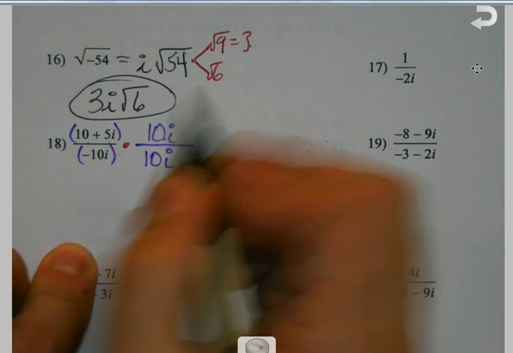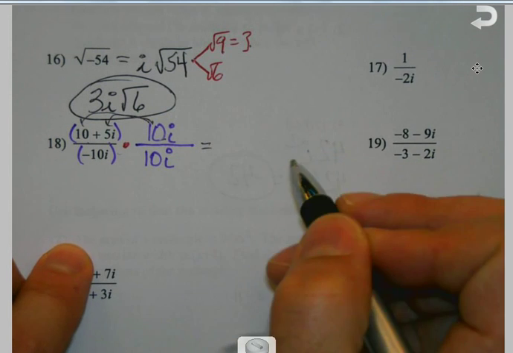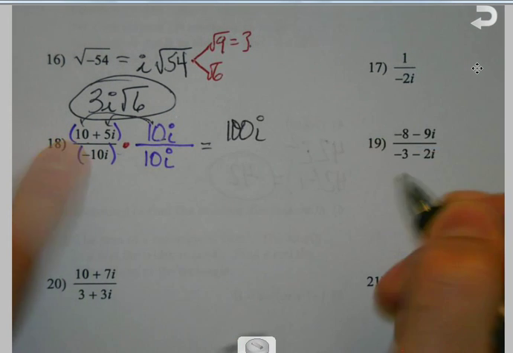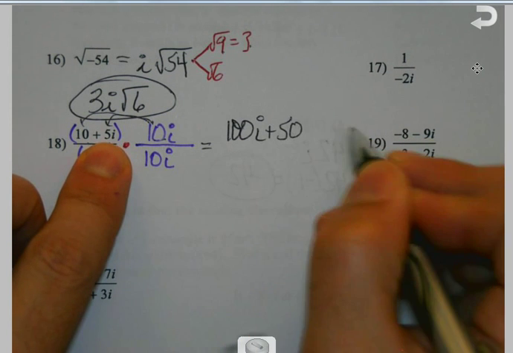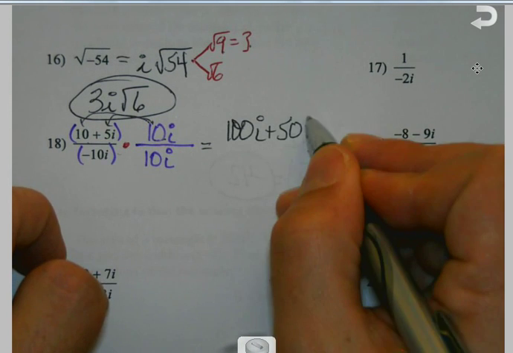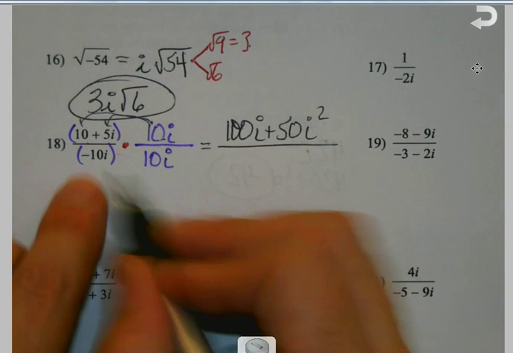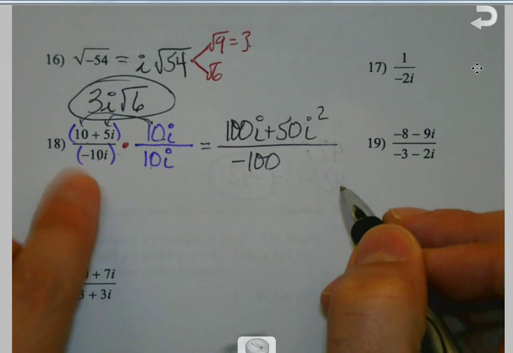Monomial times binomial, which means I can distribute. So, 10 times 10 is 100, but I have an i. 10 times 5 is 50. i times i is i squared. And we'll come back to that because we know we can't have i squared in the answer. Negative 10 times positive 10 is a negative 100.